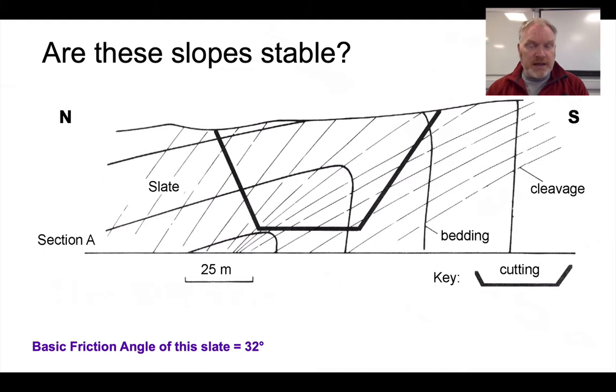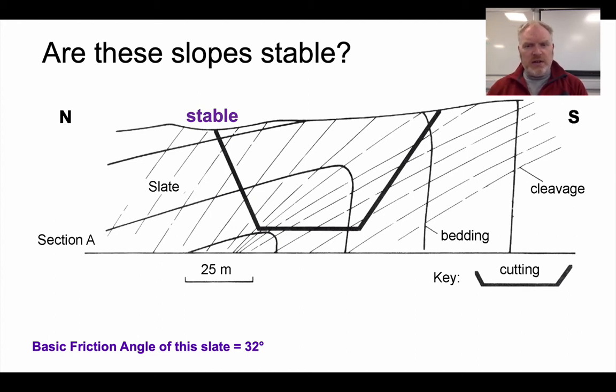Also, the dip of any bedding in here, that's probably a bit less than 32 degrees. But the cleavage there is certainly dipping more than 32. However, despite the fact that daylight's into the slope, the dip of that cleavage is going into the slope. So the north side of this will be stable.